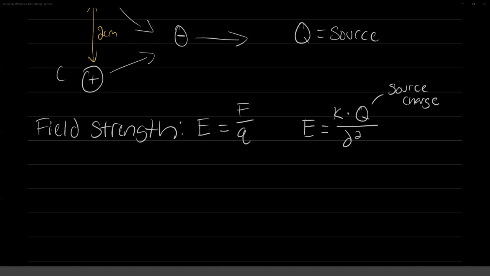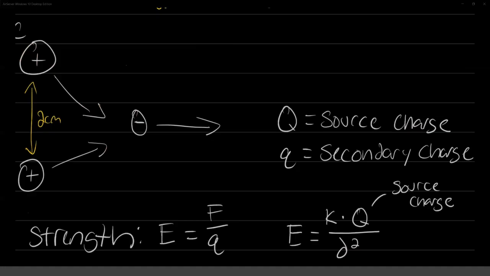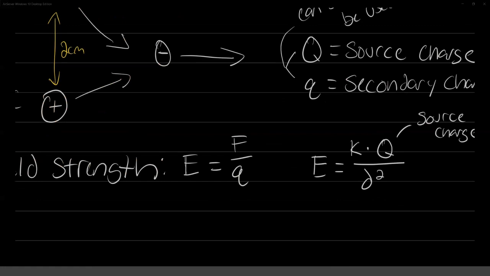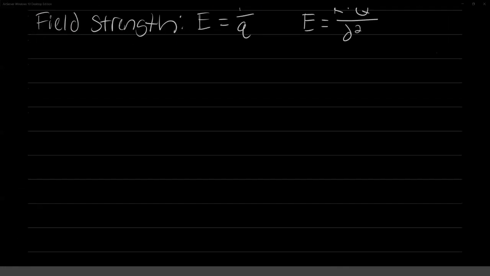So we'll say uppercase Q, source charge, lowercase q, secondary charge, and then maybe we'll indicate they can sometimes be used interchangeably, it seems. Maybe we'll have to ask Shannon for some clarification on that before the test.